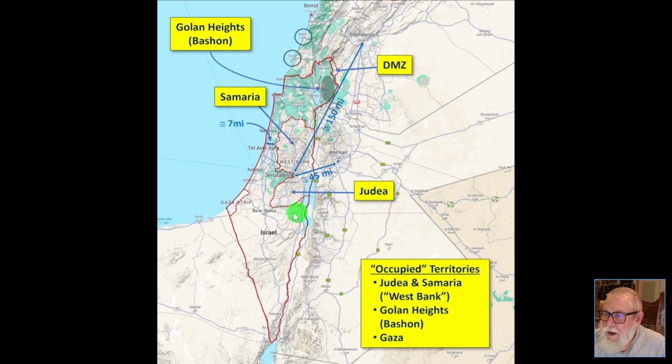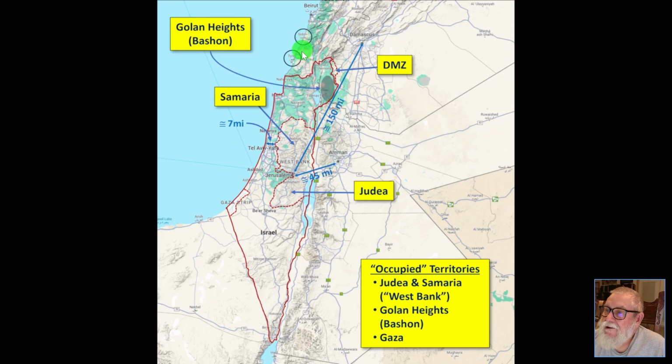At its widest spot, between Gaza and the Dead Sea, Israel's only 70 miles wide. And Jerusalem, the capital city of Israel, is only 150 miles from the capital city of Syria, Damascus. It's only 45 miles from the capital city of Jordan, Amman. And then at its narrowest spot, right here between the Mediterranean coast and the border of Samaria, Israel is only 7 miles wide.